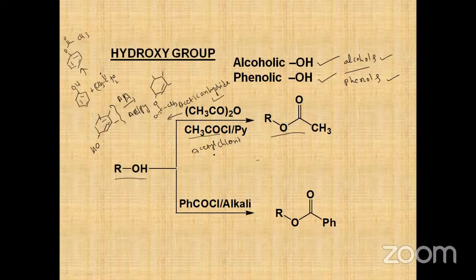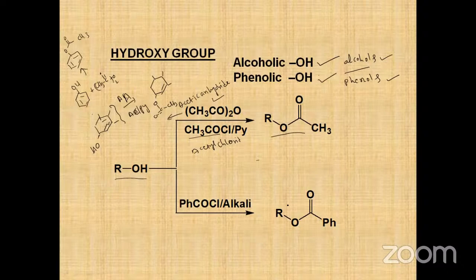When any natural product produces an ester, especially an acetate ester derivative, by reacting with acetic anhydride or acetyl chloride, that indicates the presence of OH, which may be alcoholic OH or phenolic OH.